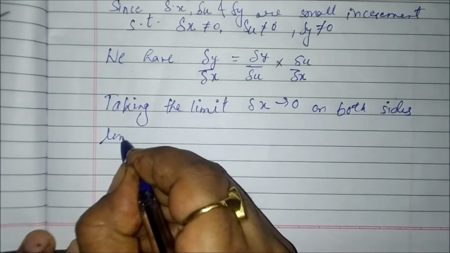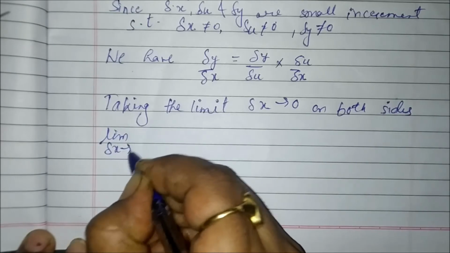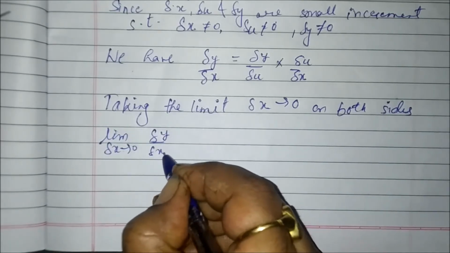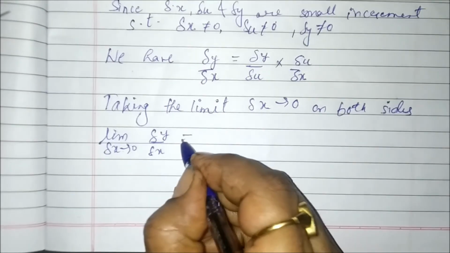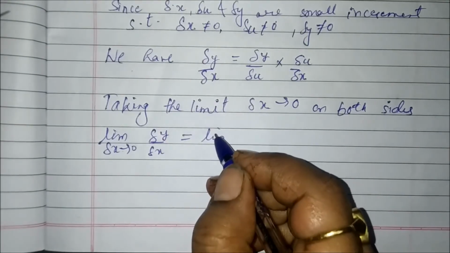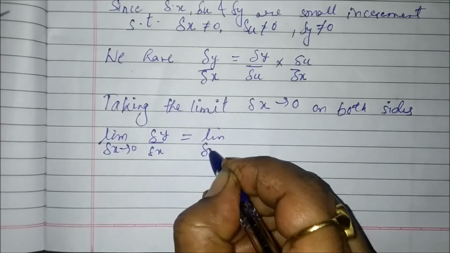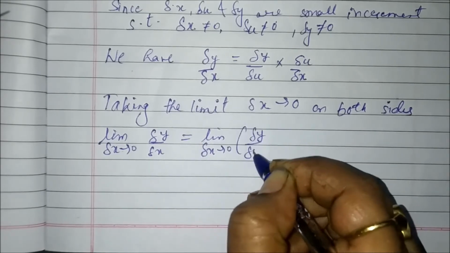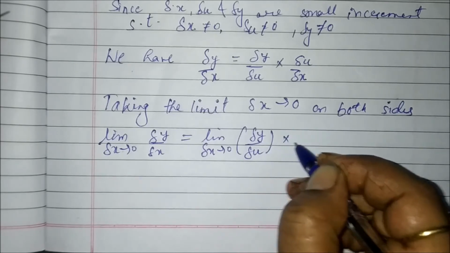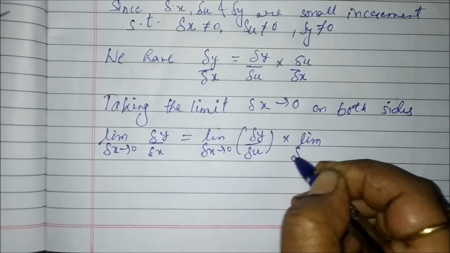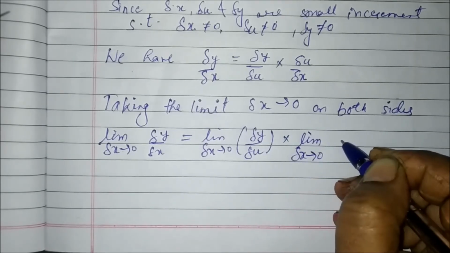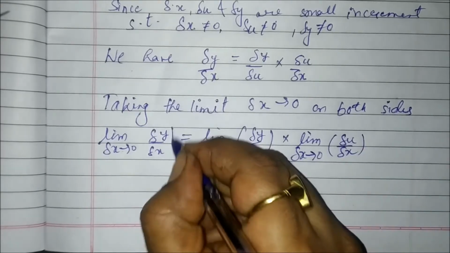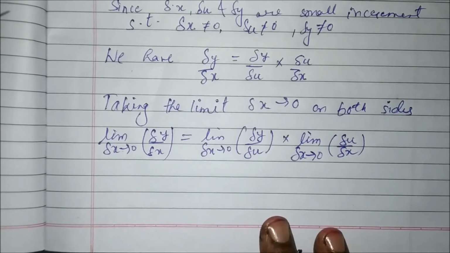Here limit delta x tends to 0, del y by del x is equals to limit delta x tends to 0, del y by del u into limit delta x tends to 0, del u by del x. Okay, we got this line.